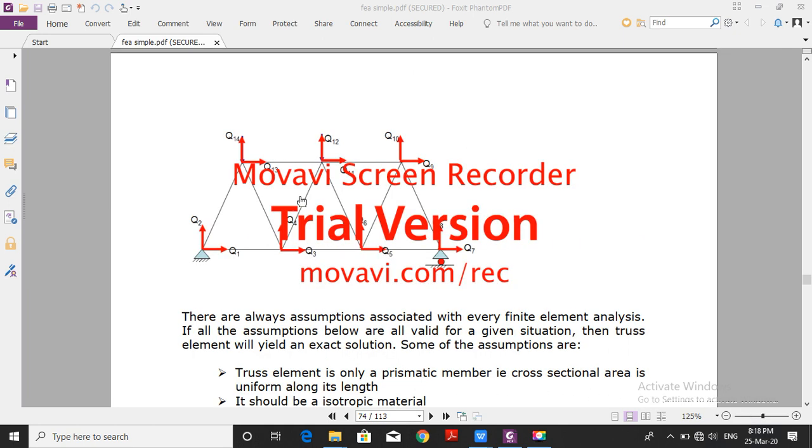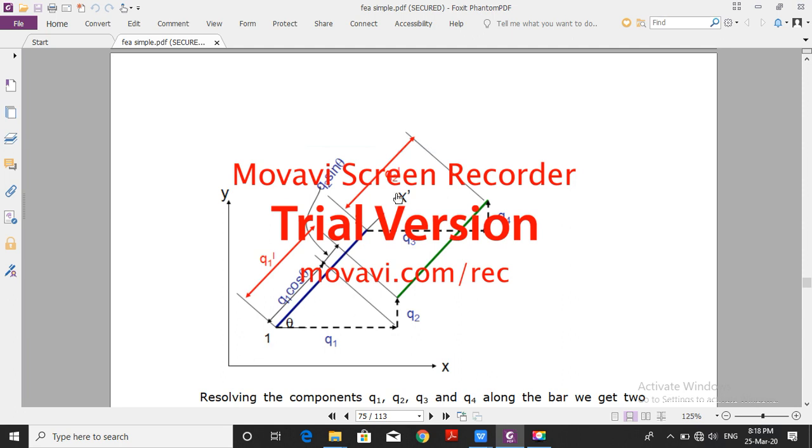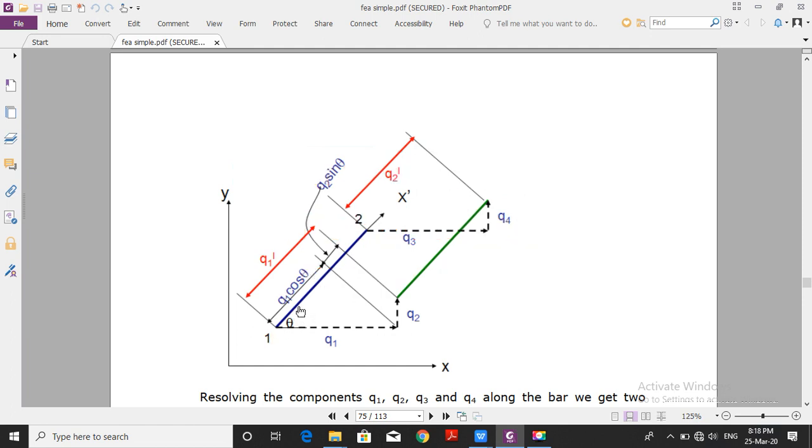If we consider any one element, we will take this one element over here. This element has node number 1 and 2. As we can see, there is an angle theta with the horizontal for this element.